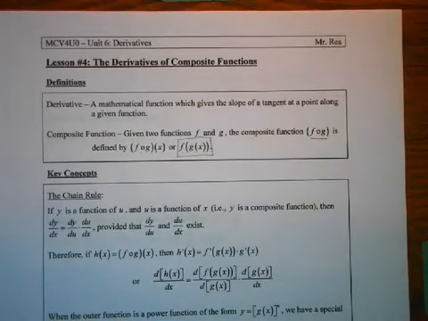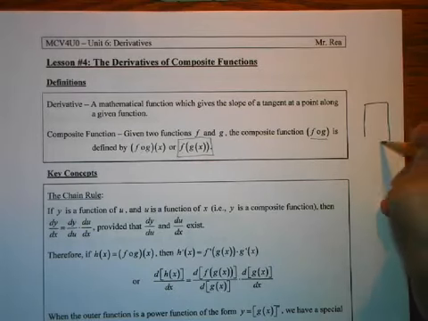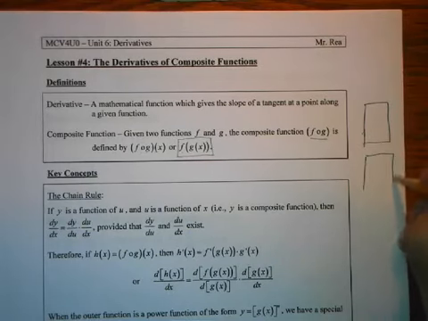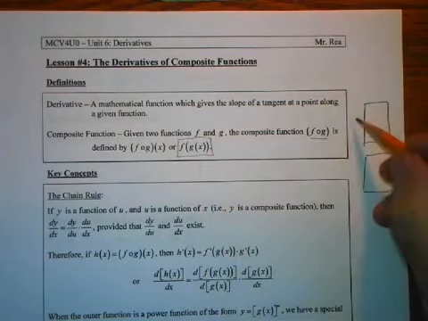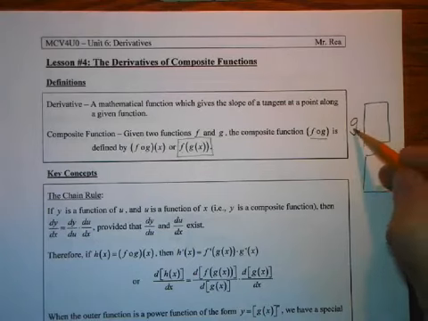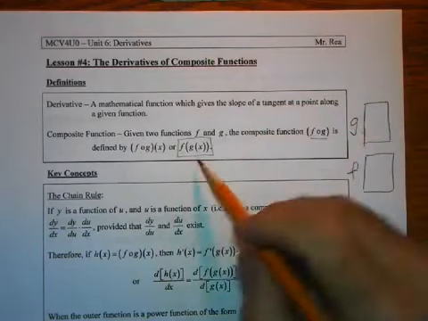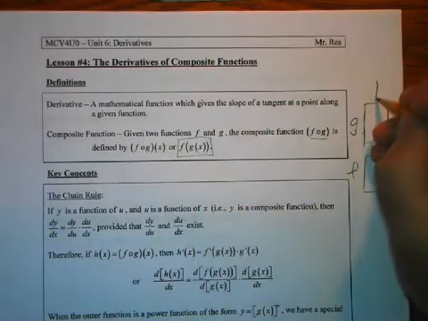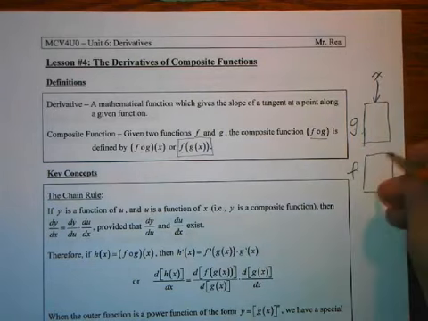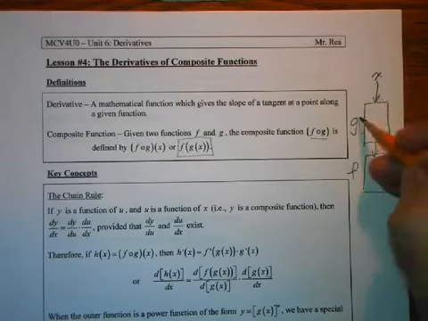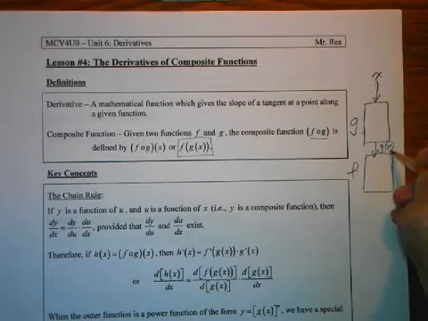So the way we can kind of draw a picture of how that works, we've got these two functions. Now, the first function that gets used would be the inside function. So if we call this box function g, and this function f, what happens is the function g gets fed the input x, and the output of the function g using input x is g of x.